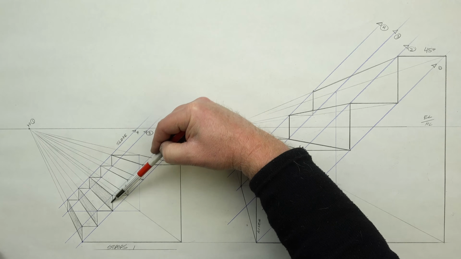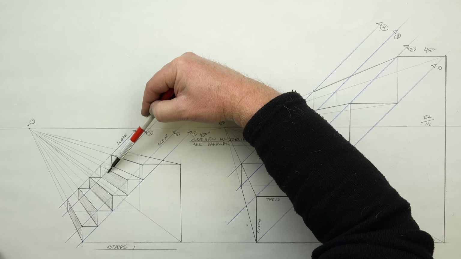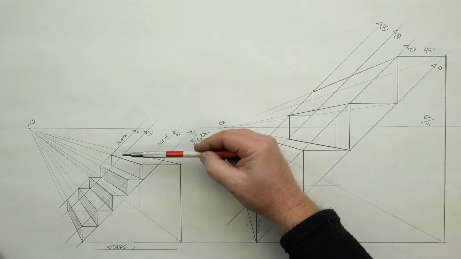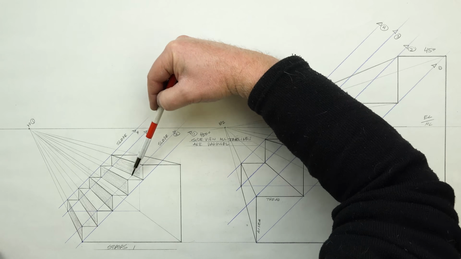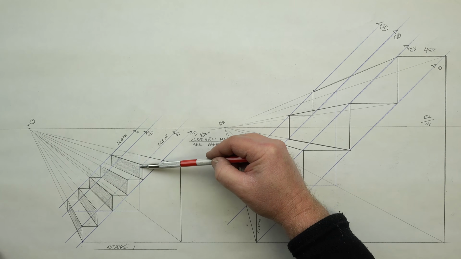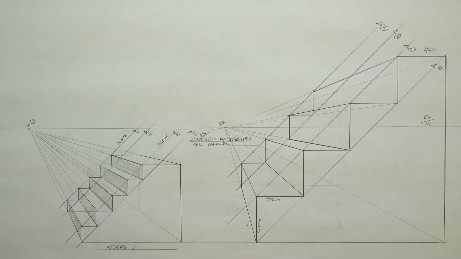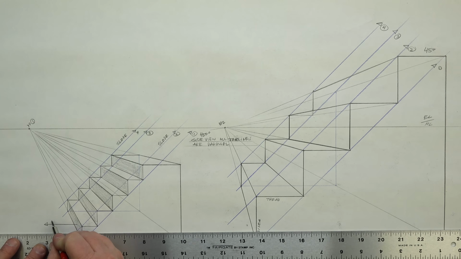So we have riser, and then we have tread. We have riser going up, right? And then we have tread going more horizontal. In this case, true horizontal. Why? Because we're in 1 point. Later on in 2 point, that won't be the case. So here we have riser, right?